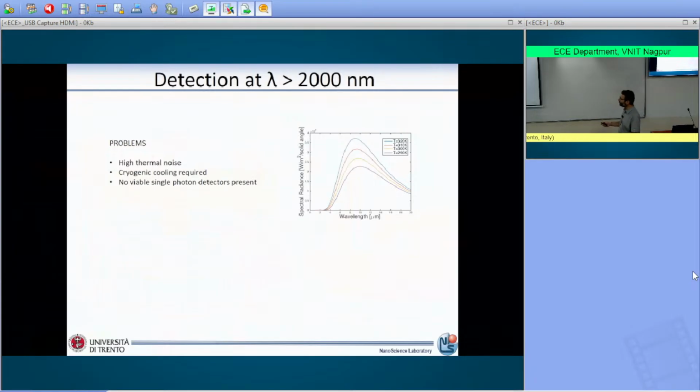One way to do that is to cool down the sensor so that you reduce the temperature. By reducing the temperature, you shift the black body radiation to longer wavelengths, and so you remove the thermal noise.